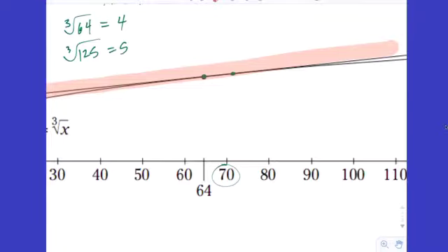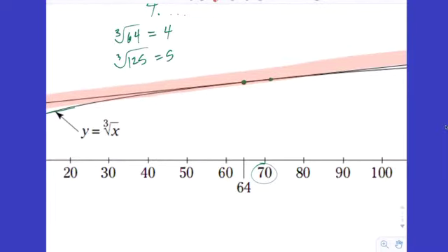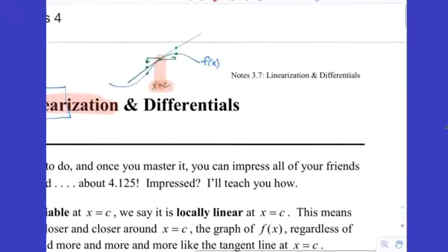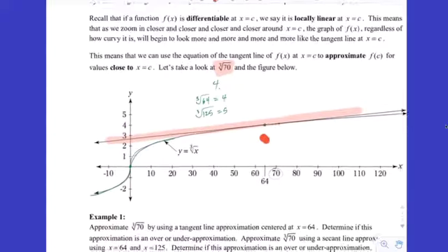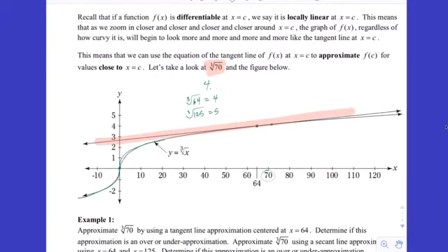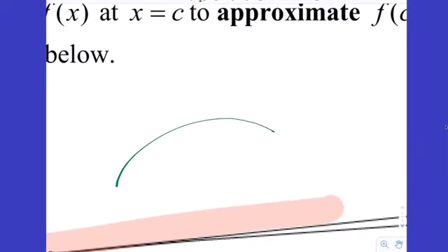Now notice, because this graph is so flat, the tangent line and the function value have the exact same value at 64, right? They share a y value and a slope value. But as we go to the left and right, even though it doesn't appear to be, they're not the same curve. If you were to zoom in on that point, it would look something like this. You have a graph that looks like that. Here's 64.